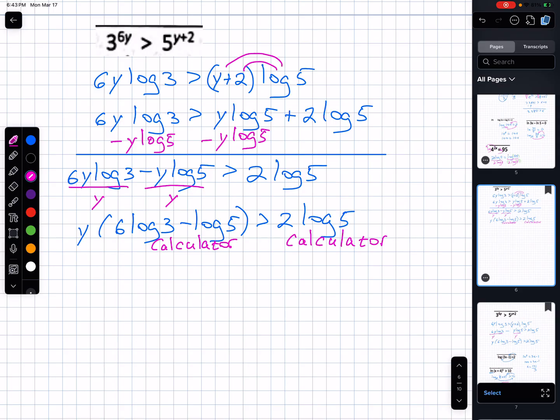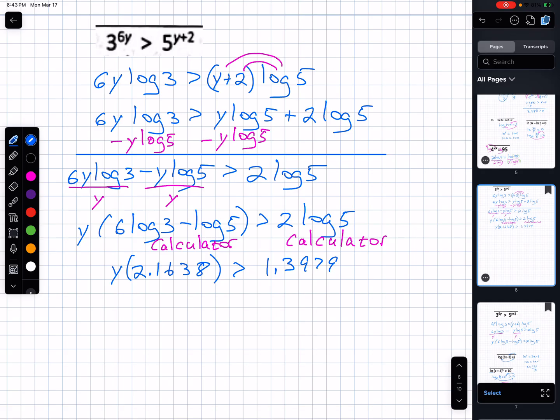So we get 2.1637, 2.1638 rounded. And we have that y in front, so I'm going to keep that in parentheses. And then let's do 2 log 5, which is 1.3979.